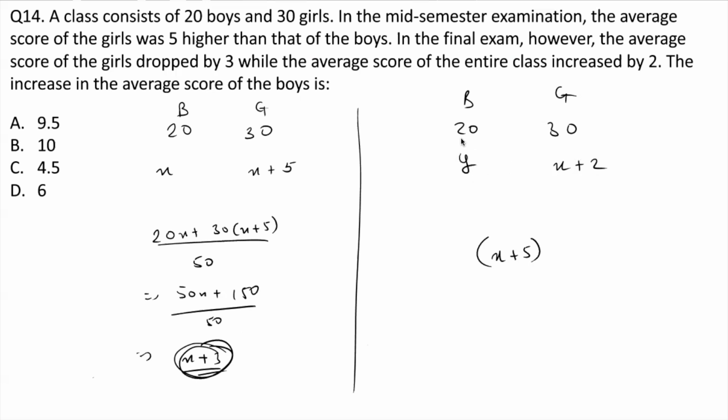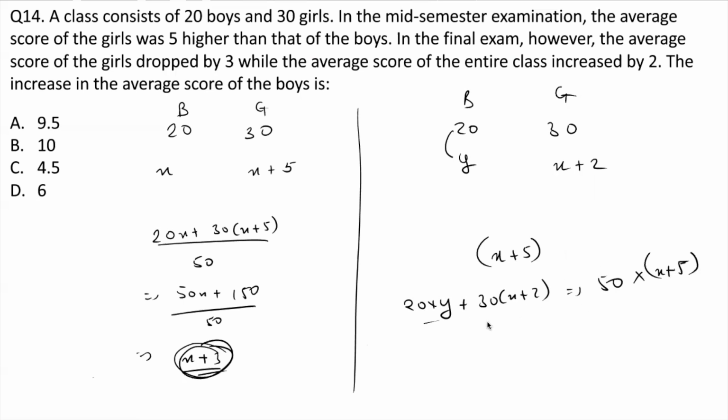All right. So we can use the weighted average: 20 into y plus 30 into x plus 2, divided by 20 plus 30, 50, will be equal to the average. So 20y plus 30 into x plus 2 upon 50 should be equal to x plus 5. Taking 50 to the right hand side, we will get this.